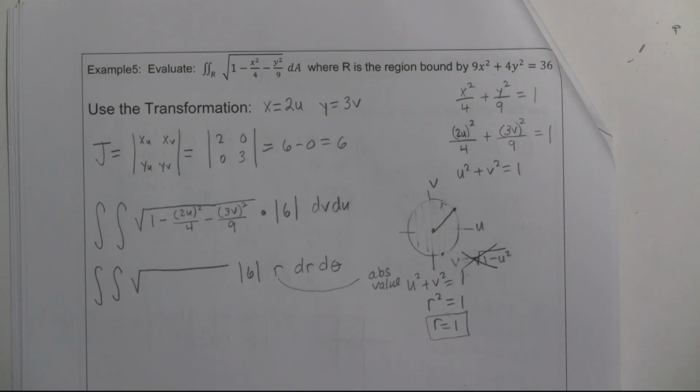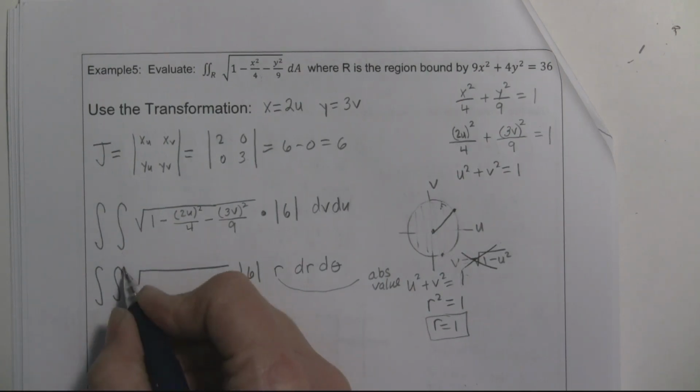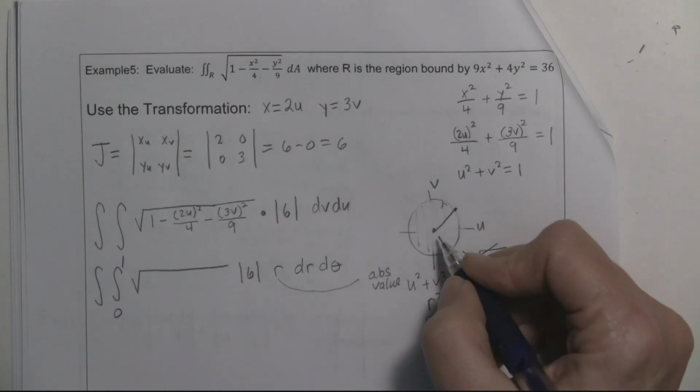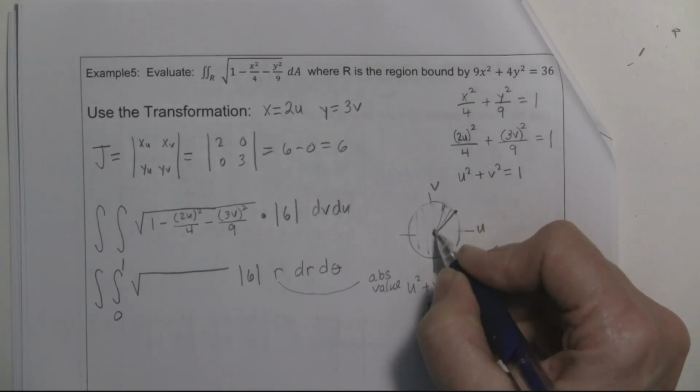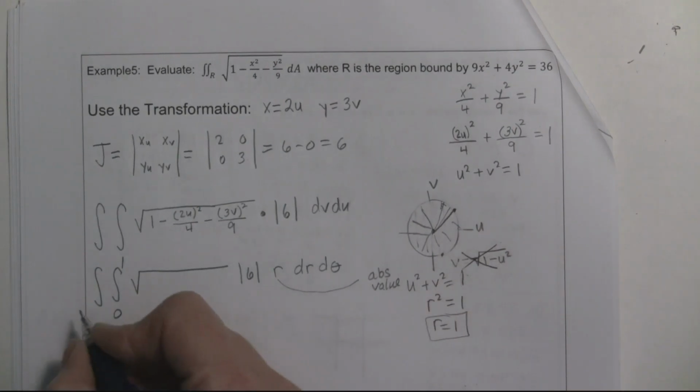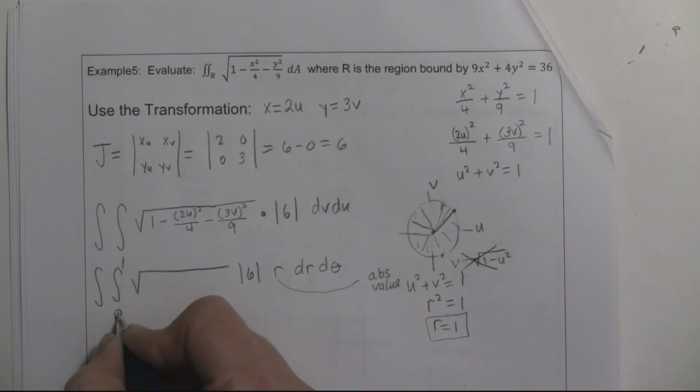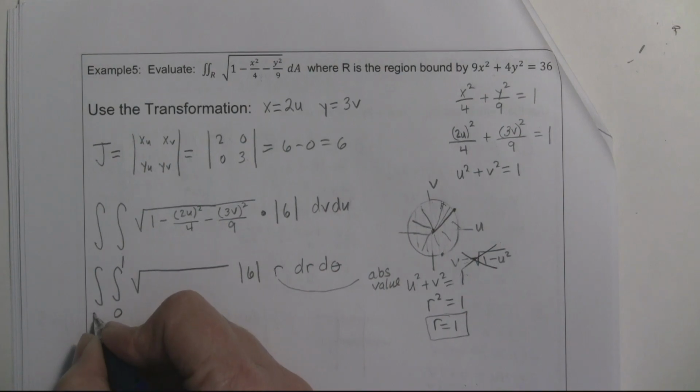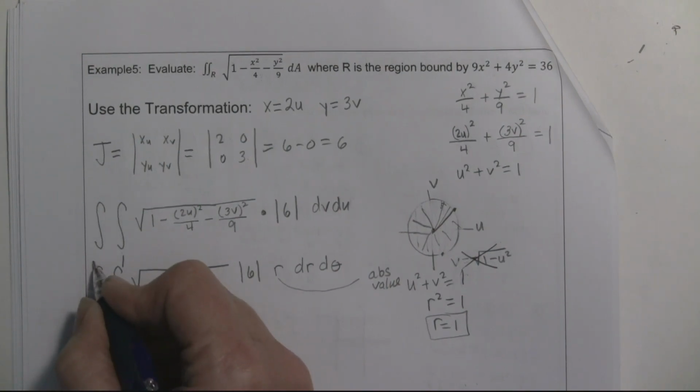It's always positive. It's a length, a distance from here to here. So our r value is going to go from 0 to 1, and I want to get all the way around the whole entire circle. So this is for r on the inside. Theta is going to go from 0 to 2 pi.